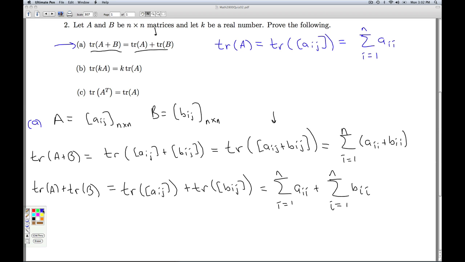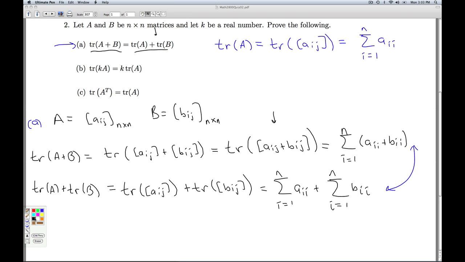Now I compare these two sums. This is a property of summation, which is really just the associativity and commutativity of regular, plain old real number addition.